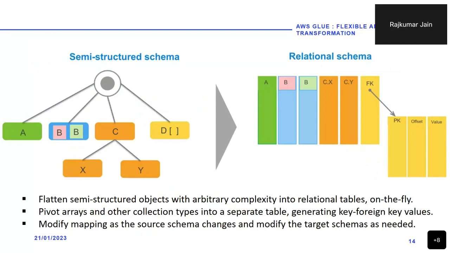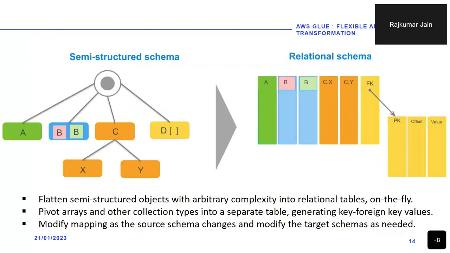As I said initially, the best part of Glue is that it will capture the semi-structured data in a relational database, and it flattens semi-structured objects with arbitrary complexity into relational tables on the fly. You do not need to define anything.